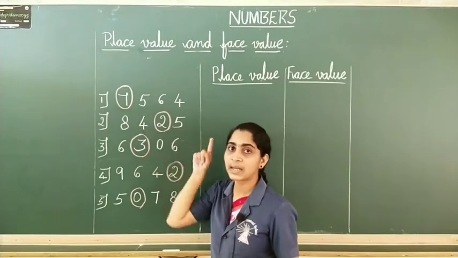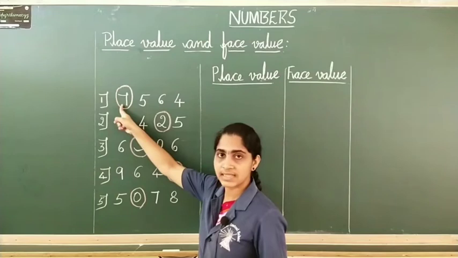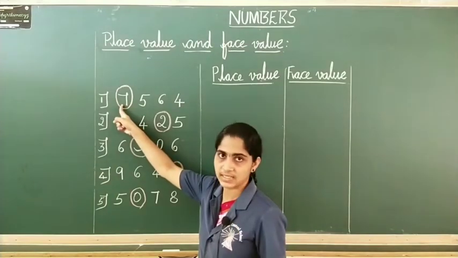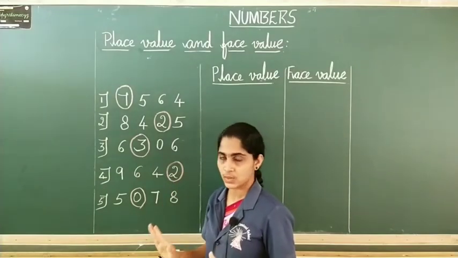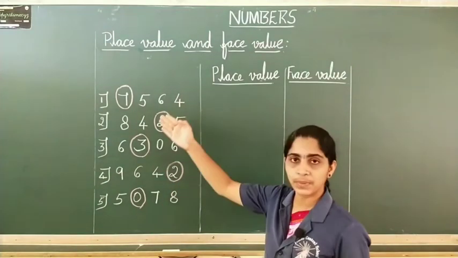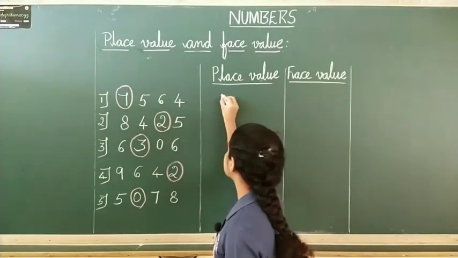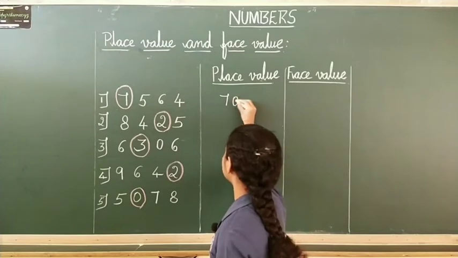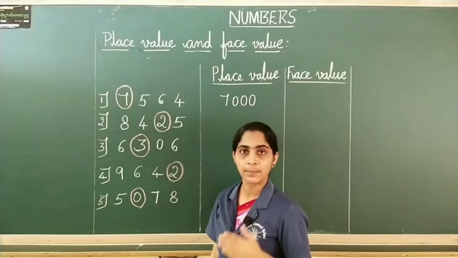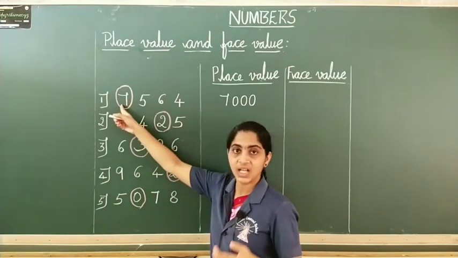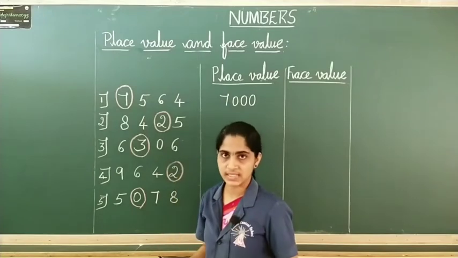Now we have to write the place value of this 7. As 7 is in thousands place, we have here 7 thousands. So that will be its place value. So the place value of 7 is 7,000. Why? Because 7 is in thousands place.